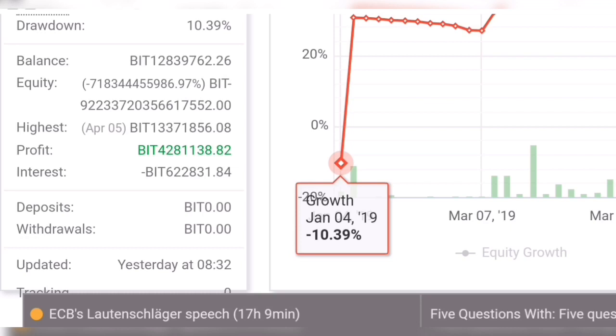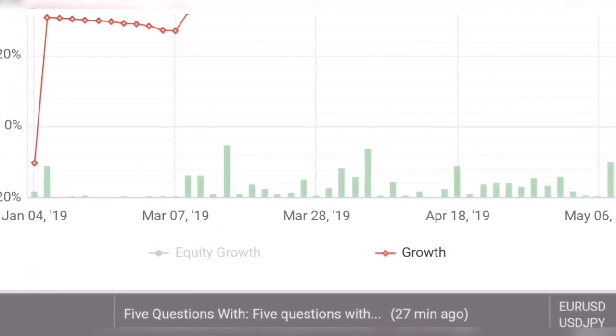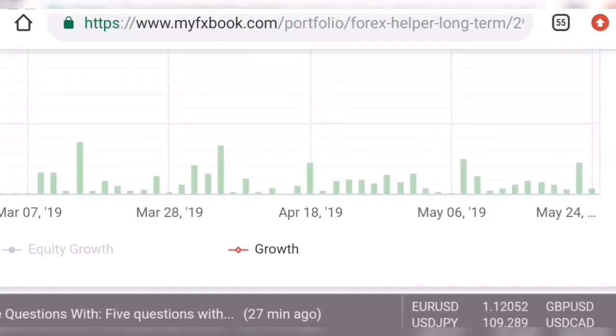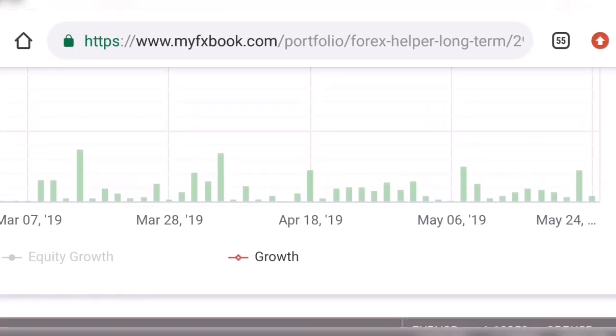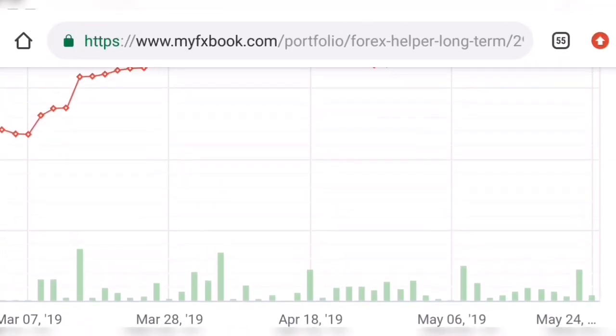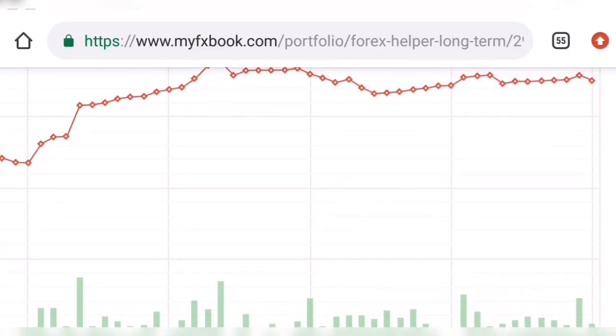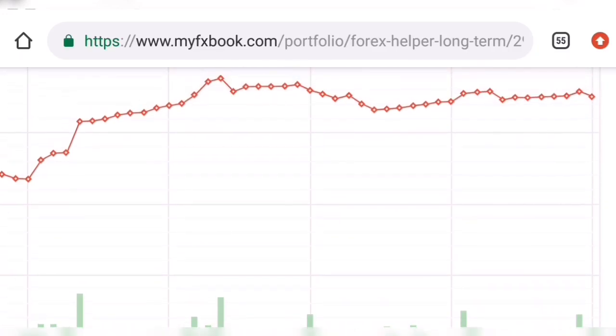Because as of the time this is being recorded, let's take a look at that. Throughout the year, it is growing. Look at this. Here's the growth. And at times, you're going to have where the equity is going to be low.